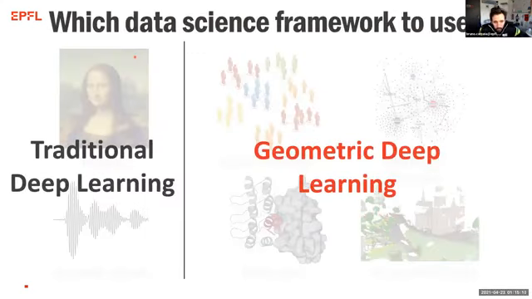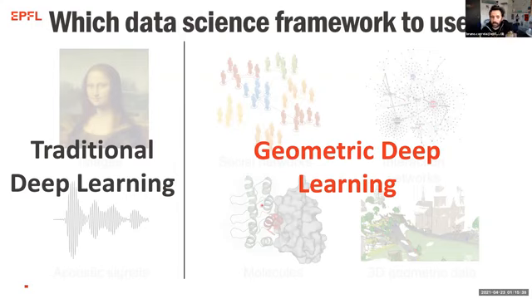So for this, we of course departed from traditional deep learning, which basically works more on 2D types of data sets, in terms of images or acoustic signals. And we went towards the idea of geometric deep learning, which is clearly much more suitable to the problem that we have.